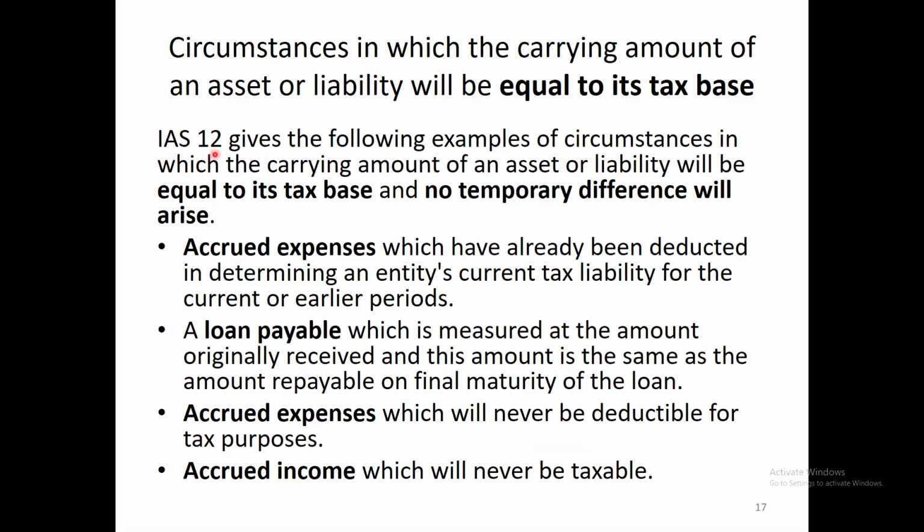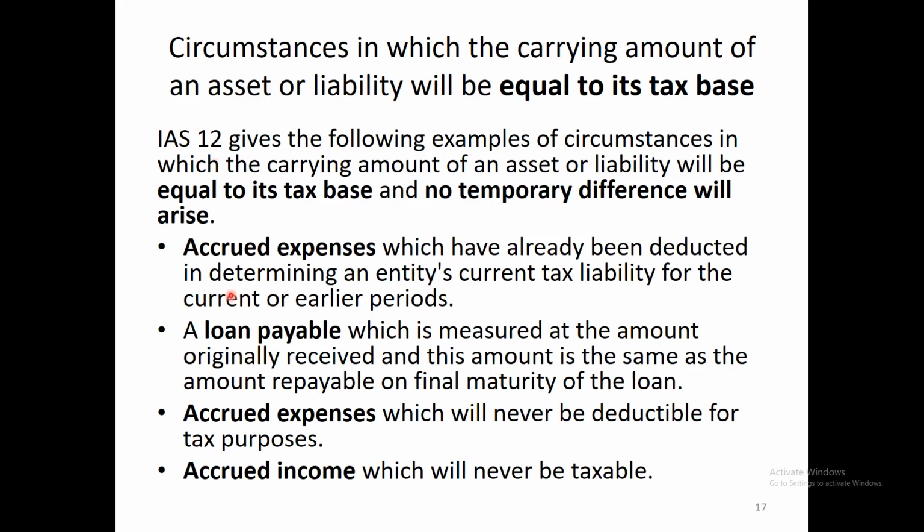IAS 12 or LKAS 12 gives the following examples of circumstances in which the carrying amount of an asset or liability will be equal to its tax base. This means the carrying amount and tax base are the same, and no temporary difference will arise.